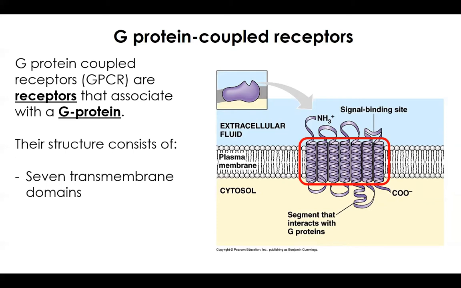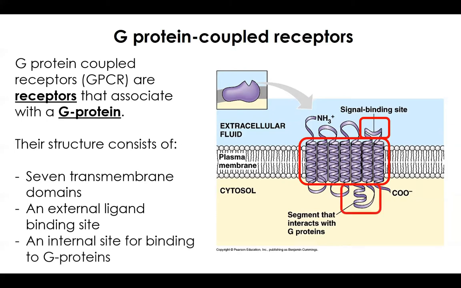You can see the way that they weave in and out of the membrane. They have an external ligand binding site, which will be the site of the reception event, and an internal site for binding to the G proteins that will associate. So you can see the structure of it, where the ligand will bind, and where the transduction will initially start inside the cell.